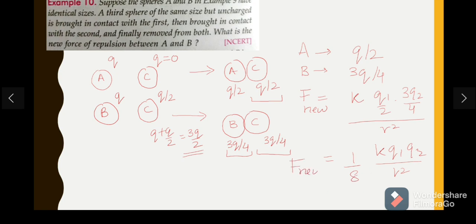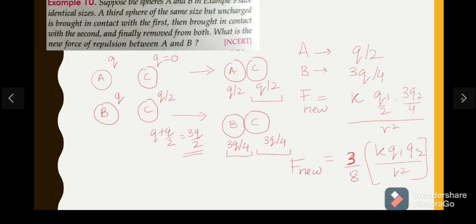Sorry, I missed this 3, so there is a 3 here. So the new force is 3 by 8 times the initial force which was there between the spheres. Fine.